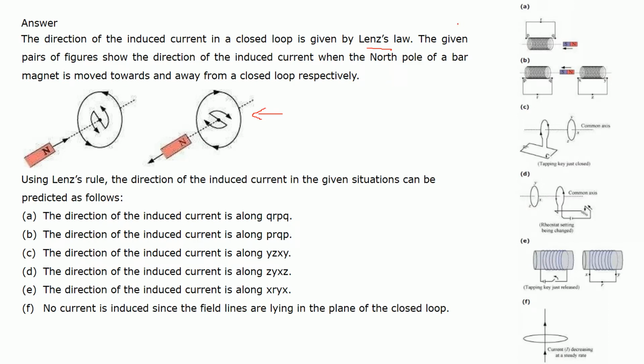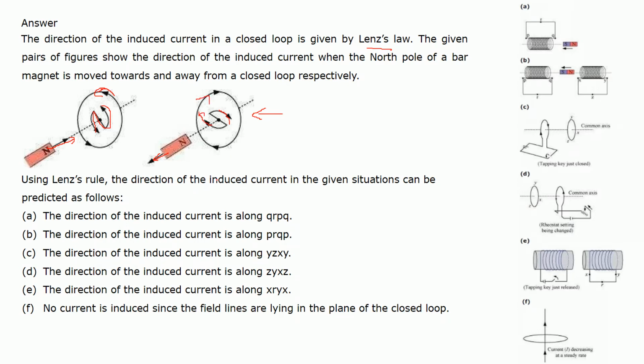When we are bringing the north pole, this N will show the direction of the current. When we are taking it away from this loop coil, it will make a south pole, so this will be the direction of current.